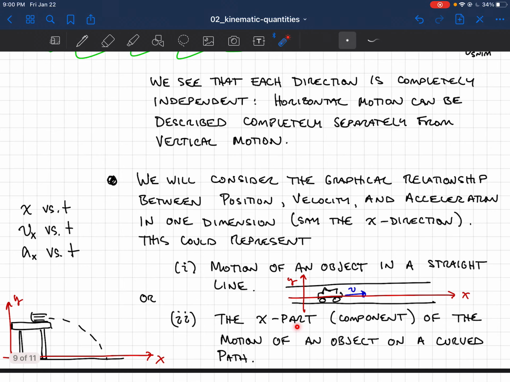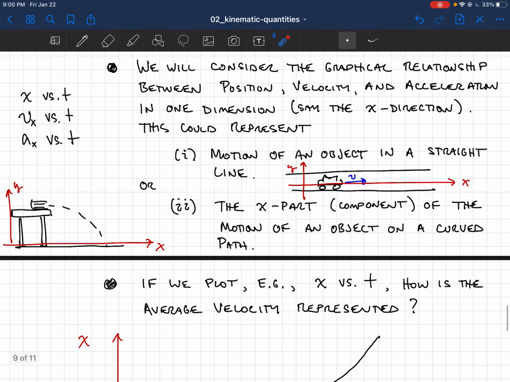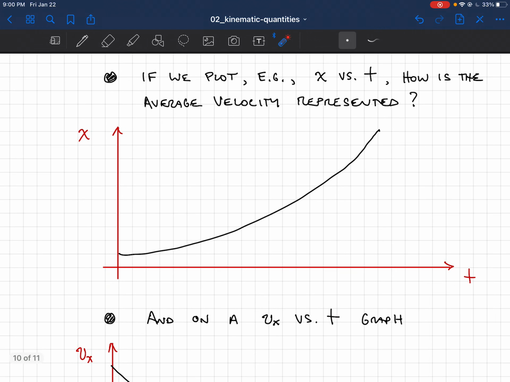Or I guess since I said x here, we could be talking about the x position of the book over time without considering what's happening in the vertical direction. So these graphs could be explaining one component of the motion, and then you could write down completely separate graphs, y versus t, vy versus t, ay versus t, to describe the other part of the motion. So let's see what that looks like.